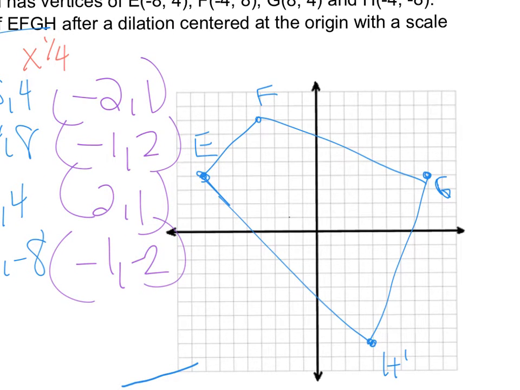So -2, 1, -1, 2, 2, 1, -1, -2. So there's my new shape right there. So there's my shape shrunk down by 1/4. So there's my new E, F, G, and H.